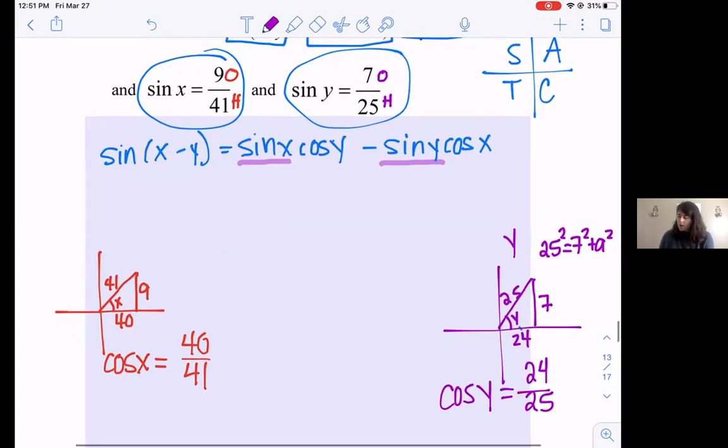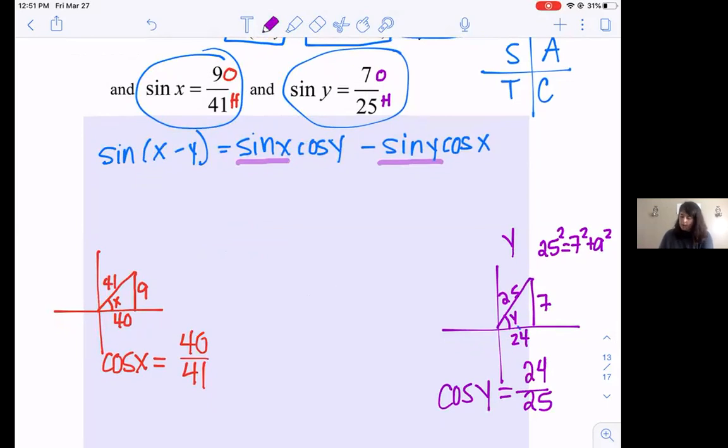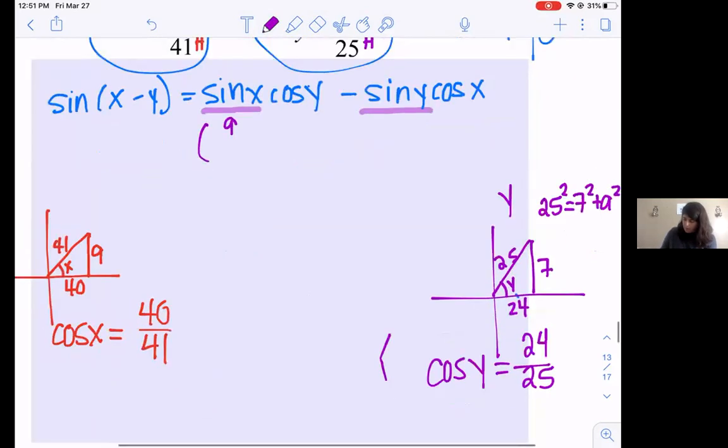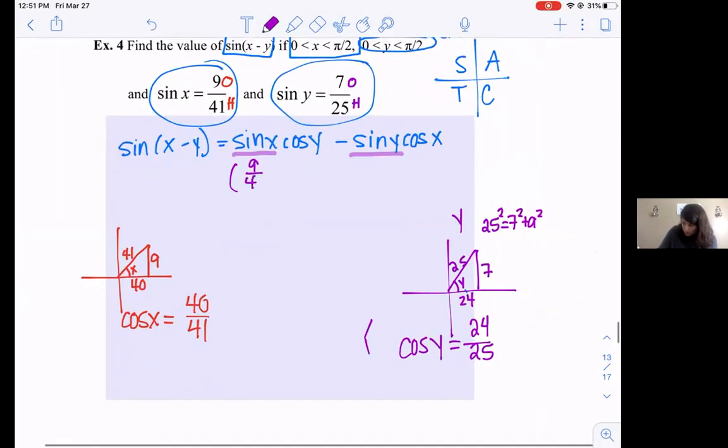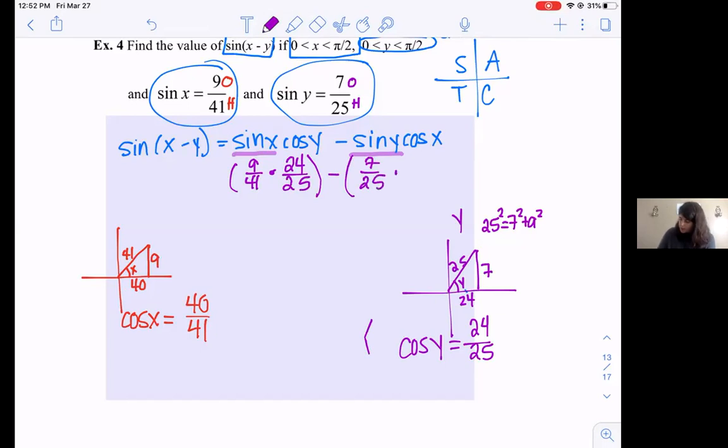All right, so now I know all 4 things I need to know, and I can just plug in my values. So sine of x is 9 over 41 times cosine of y is 24 over 25 minus sine y is 7 over 25 times cosine x is 40 over 41.